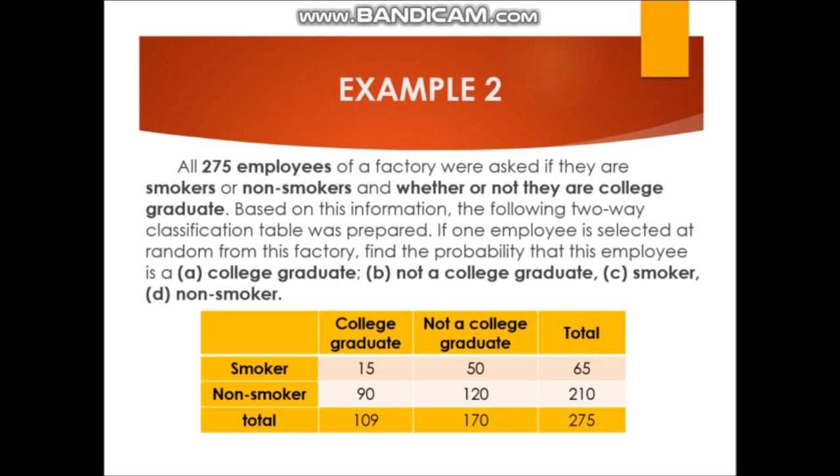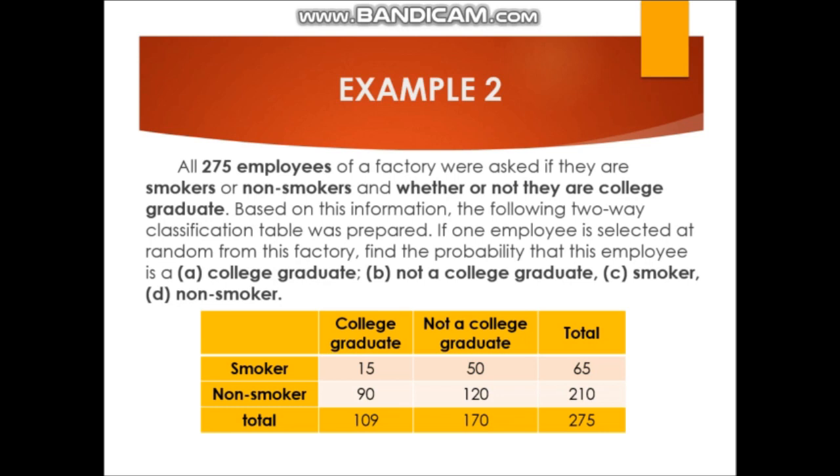So based on our given table, smokers are 15 college graduate and 50 not a college graduate with a total of 65. And we have non-smokers, 90 college graduate, and 120 not a college graduate with a total of 210 non-smokers.